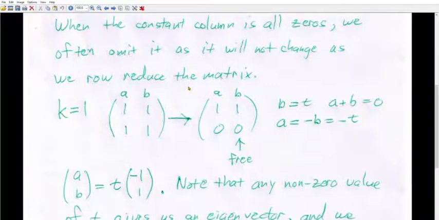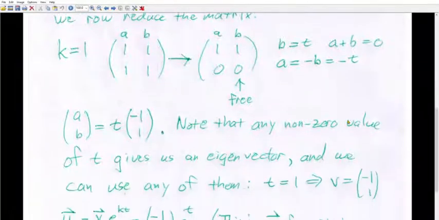This is in reduced row echelon form, leading 1, zeros, and we notice that B is a free column. So B is going to be the free parameter t. This equation reads A plus B equals 0, and now that means that A is minus B, which is minus t.